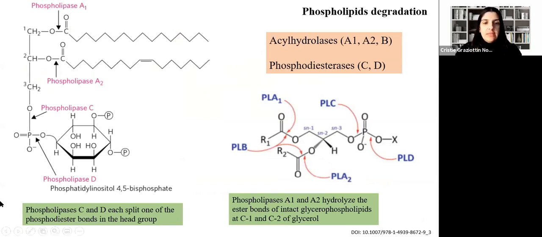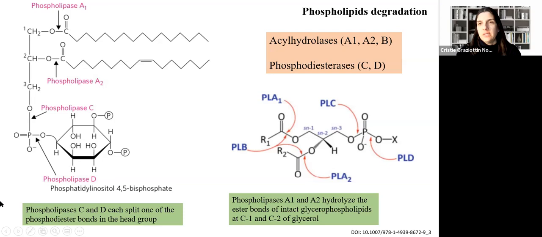So we saw how we synthesize phospholipids, but what if I want to degrade phospholipids? For that, we need the action of enzymes called phospholipases, and these can act on specific sites.